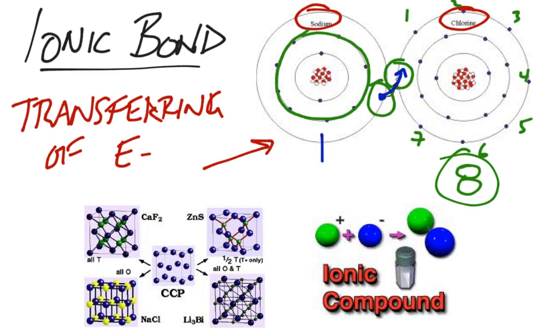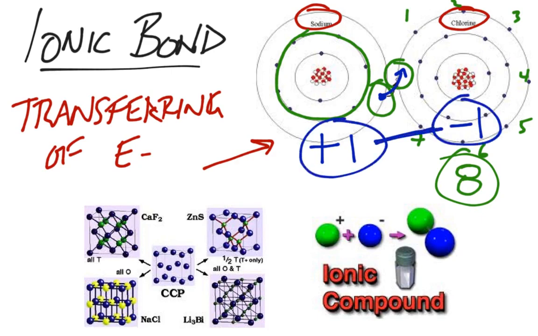In the process, sodium takes a positive 1 charge. Chlorine takes a negative 1 charge. Because a positive 1 and a negative 1 attract to each other, an ionic bond is formed. Pictures down here in the lower left and the lower right are just depictions of different ionic compounds.